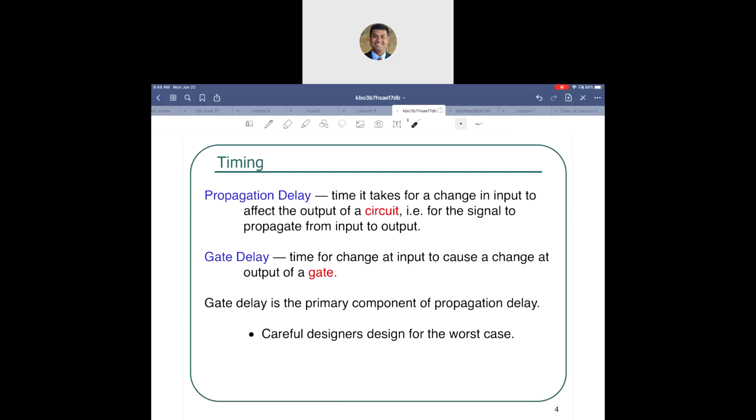Meaning, if a designer is connecting one component to another component, say on a PCB, right? So let me call this component 1, component 2, right?